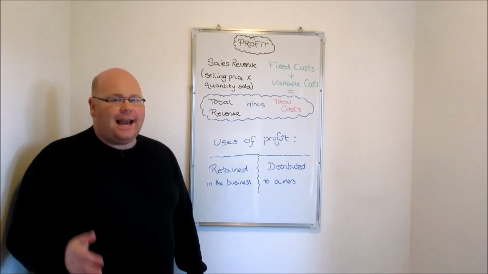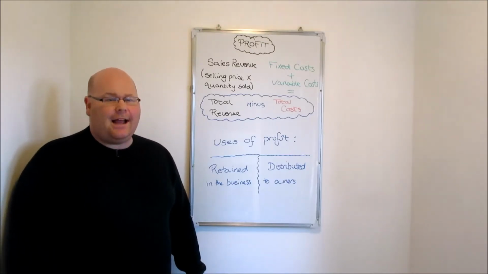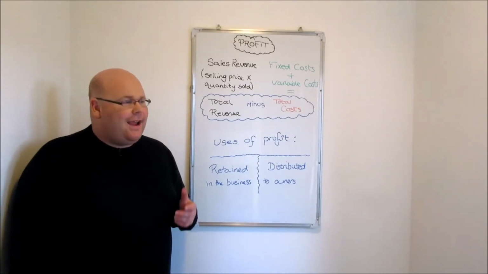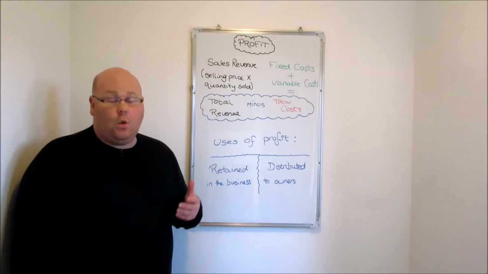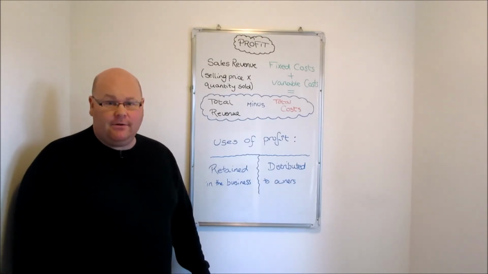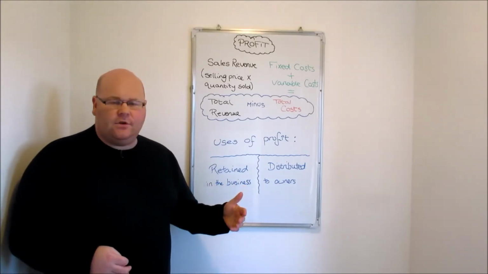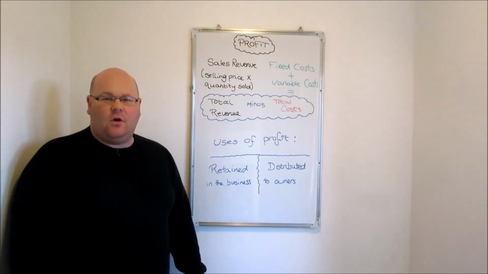So the kind of classic variable costs that we might have are typically things like stock or raw materials. If we produce no products at all, we won't require any raw materials, and as we increase the scale of our production, we're going to have to purchase more and more stock, more and more inventory, greater amounts of raw materials.